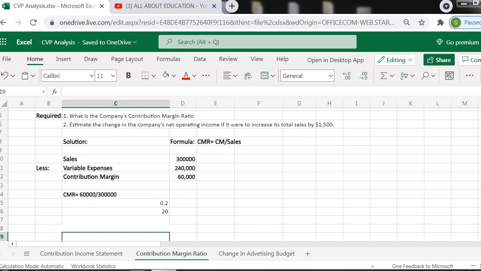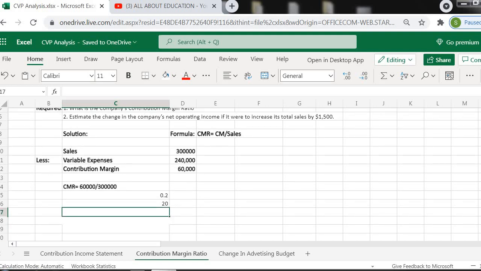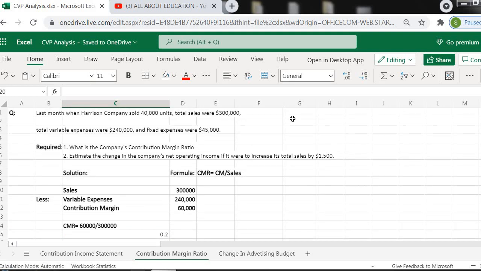So what we get? 20. The contribution margin ratio is 20%, right? So we have completed the requirement number 1.